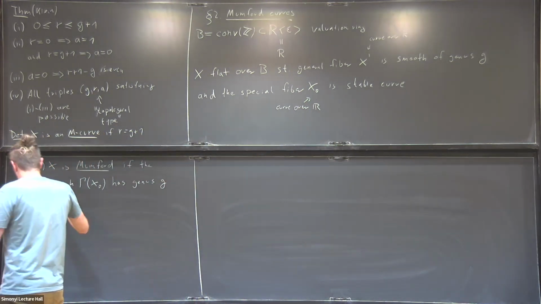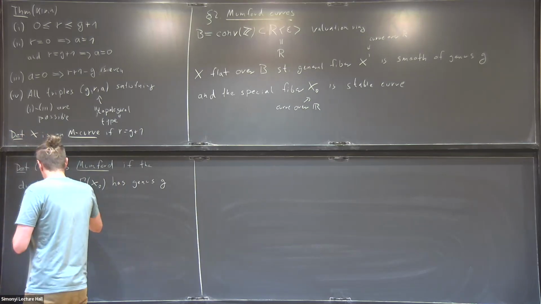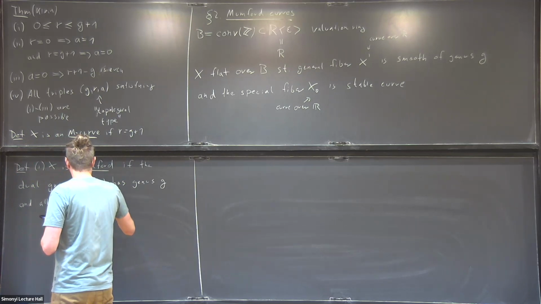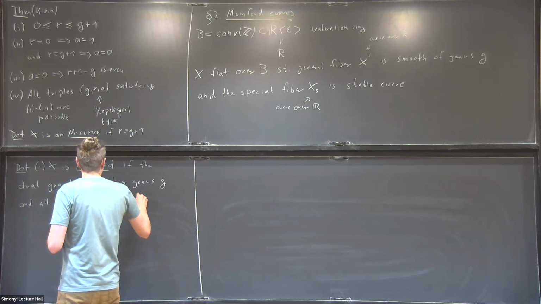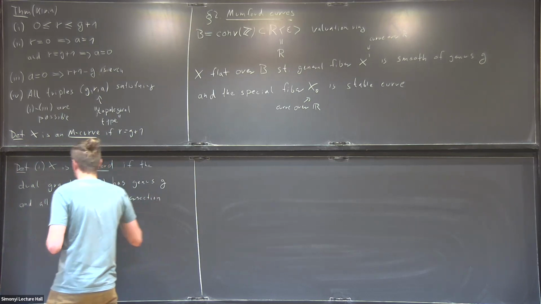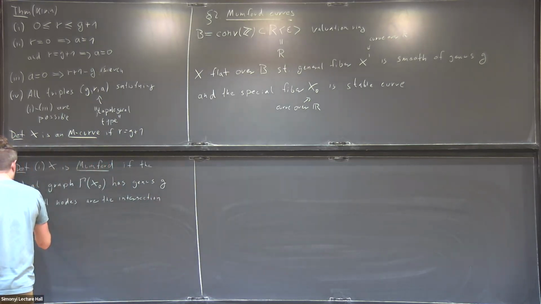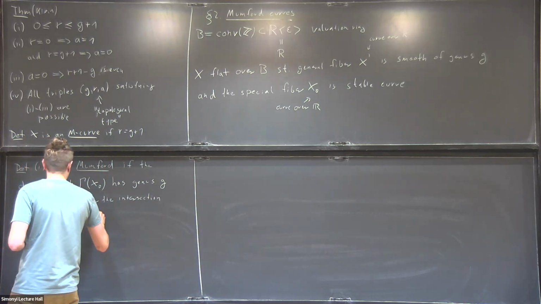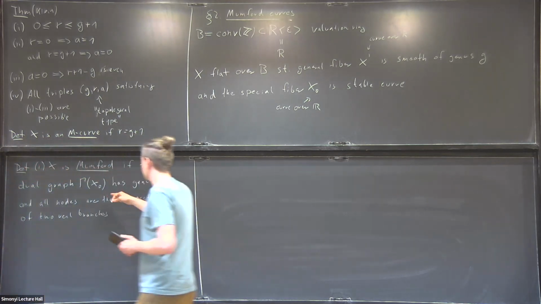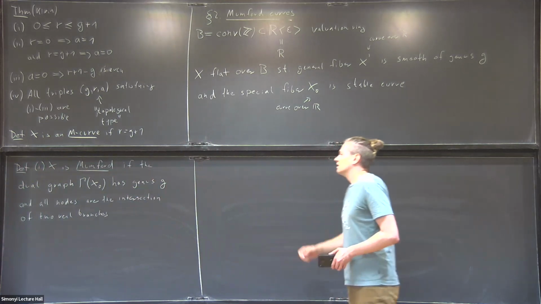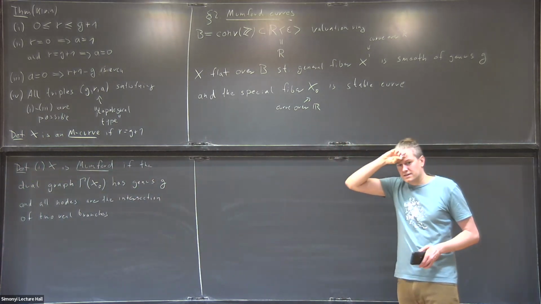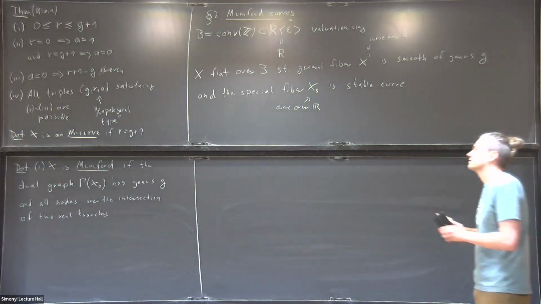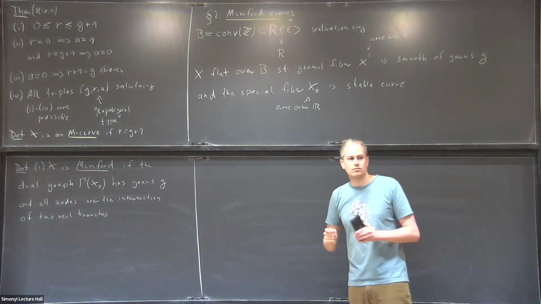And then some reality condition: all nodes of the curve are the intersection of real branches. So this means all singularities of X0 are real points, and they are not isolated.